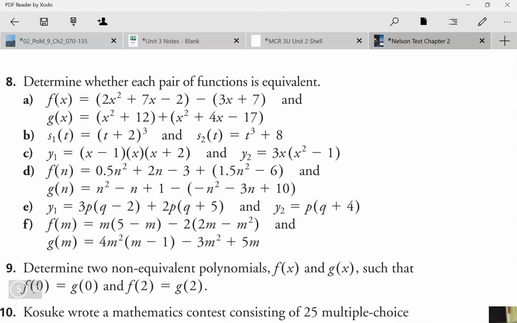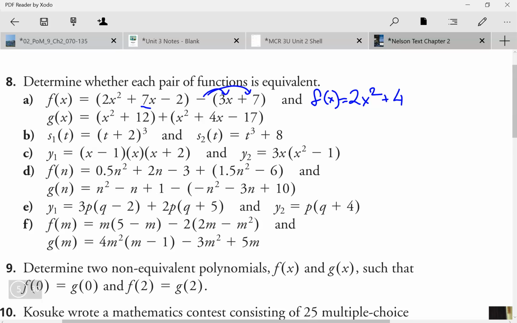Okay, so determine whether each pair is equivalent. So what you have to do is simplify this and show that these things are the same thing. So for example, I'll do both of them quickly. F of x is this, so I'm going to expand and simplify f of x. So I have 2x squared, no like terms. I have a plus 7x minus a 3x, right?